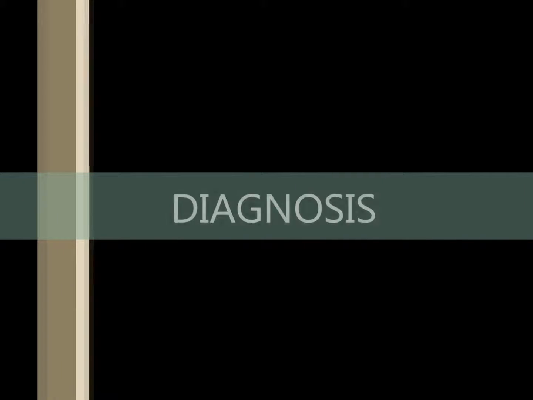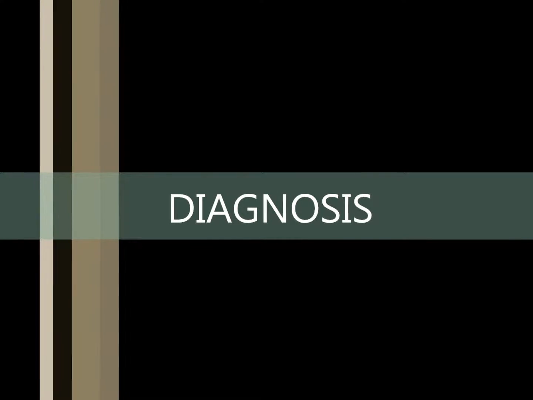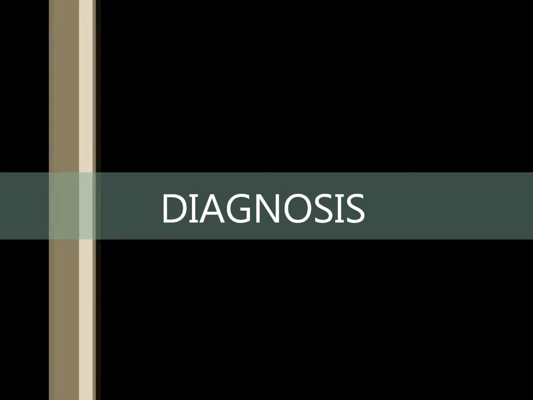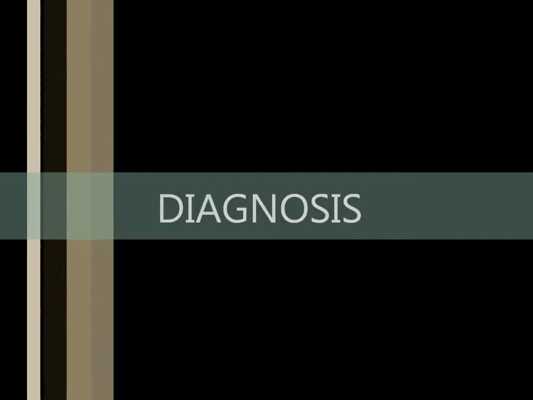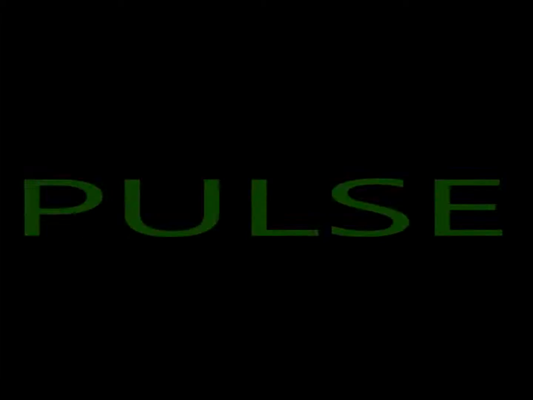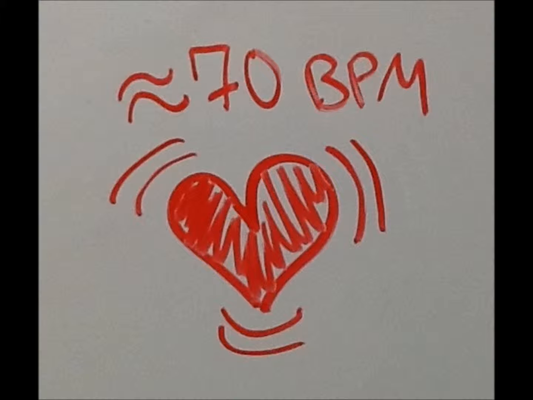The first step in diagnosing a heart attack is checking the vital signs. These include pulse, blood pressure, respiration, temperature, and weight. Arrhythmias, or abnormal heart rhythms, can be a key indicator of an MI. Sinus rhythm is the normal heart rhythm, about 70 beats per minute.